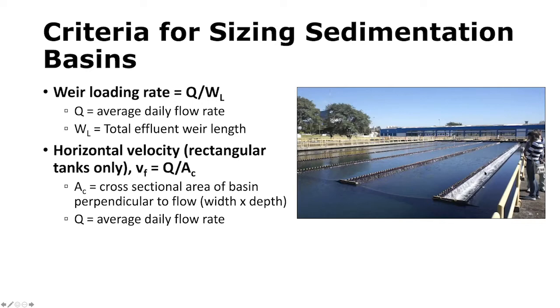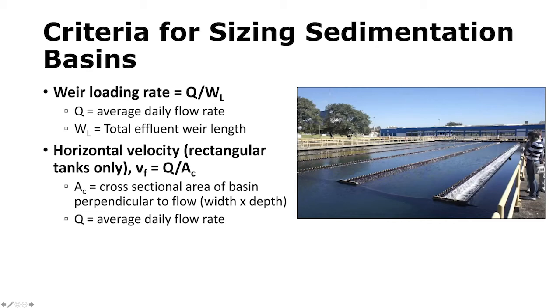However, they typically protrude up, extending up a certain distance into the sedimentation basin. So in this photo here on the right, if you imagine the water coming in somewhere around here and progressively moving towards the outlet, which is on this end, you can see that the weir structures are protruding into the sedimentation basin and allowing the water to overflow along this entire length.